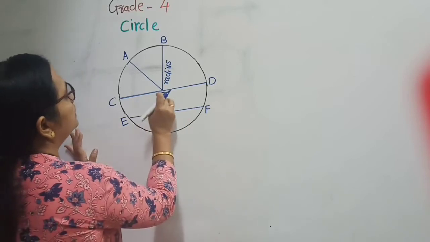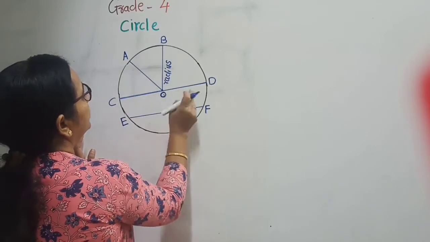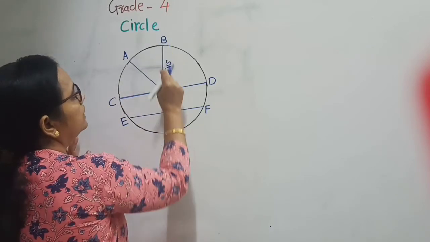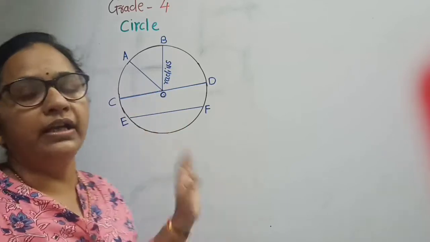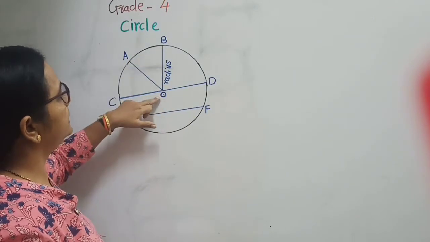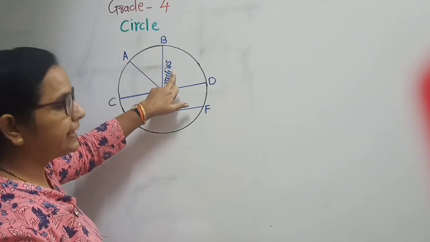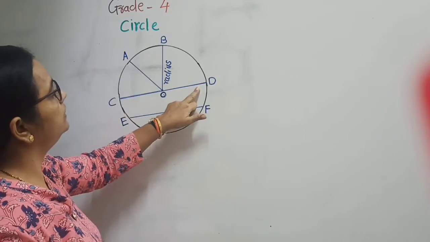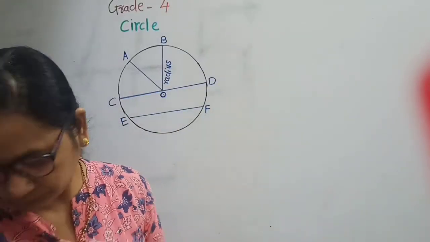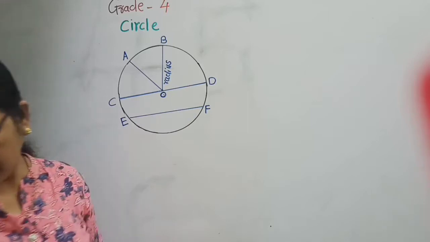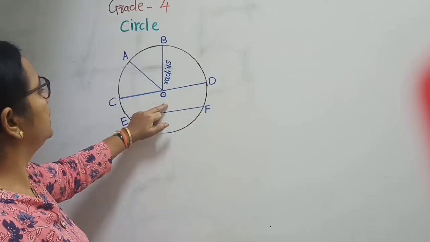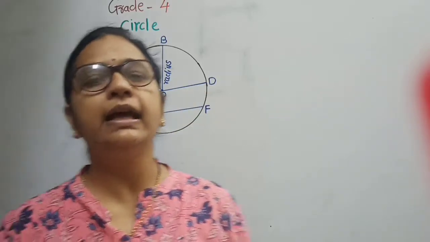When we take all the radii OD, OC, OA, OB, we call them radii. If there is one, OB is called a radius, but more than one radius we call radii.